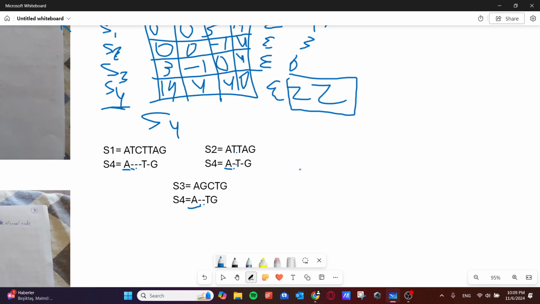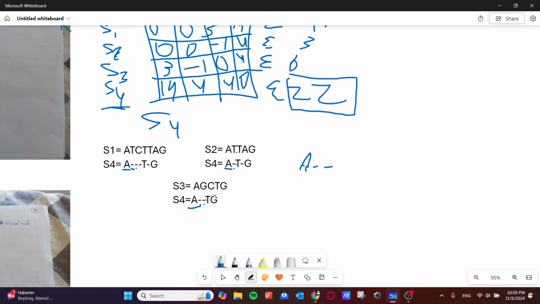So let me write it again, it would be easier. A gap gap, and here a gap gap. So it's okay. Then let's go again. A gap gap gap. A gap gap. Okay, so I have to add one gap here, and here we have a gap gap.